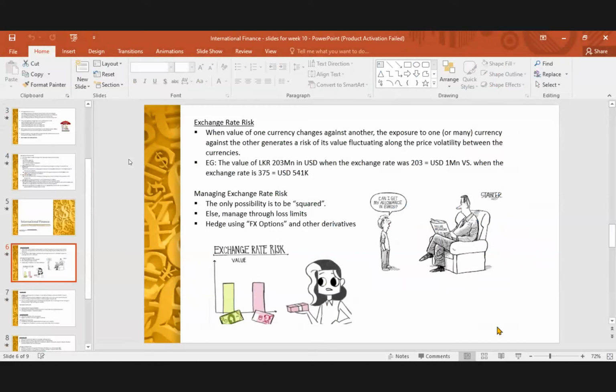Now, if I didn't have this, so how do I minimize risk? That's the question now. Managing exchange rate risk.